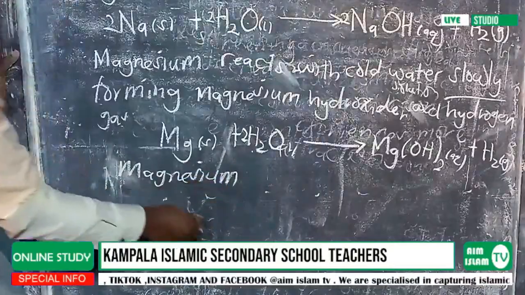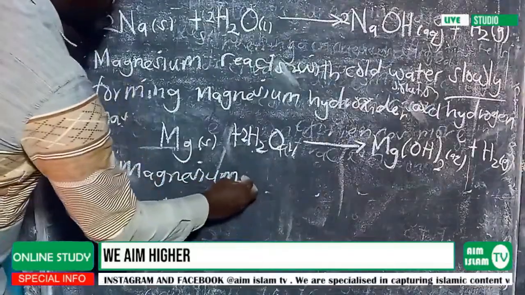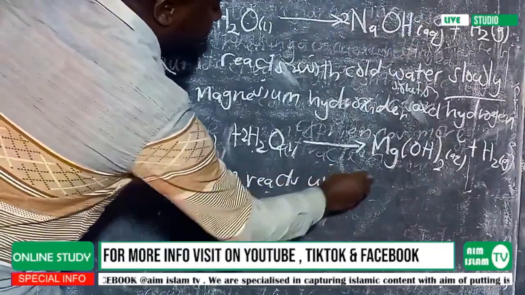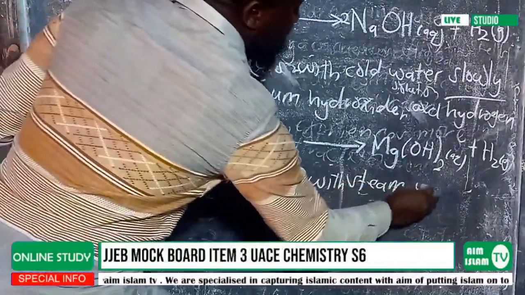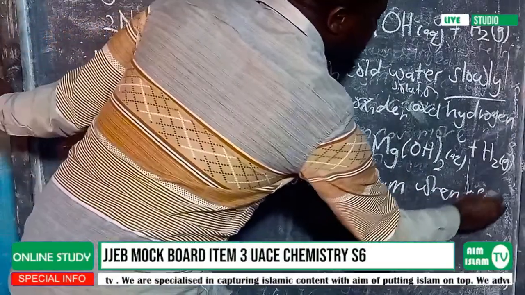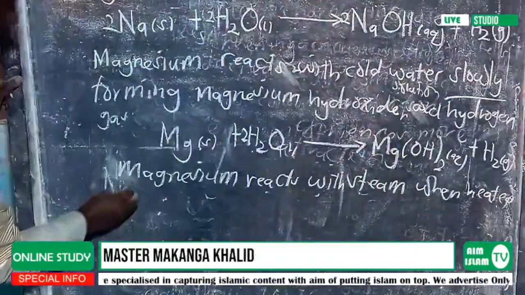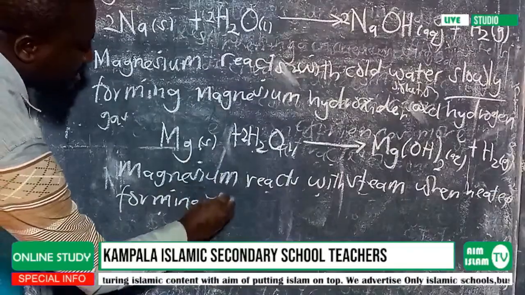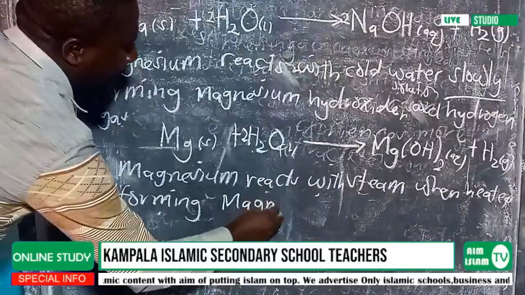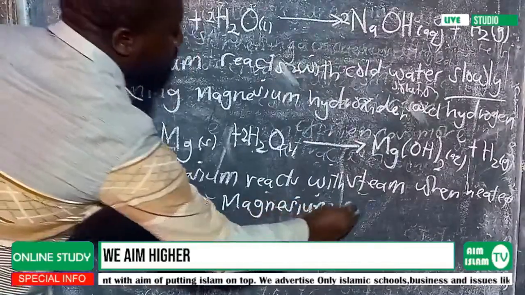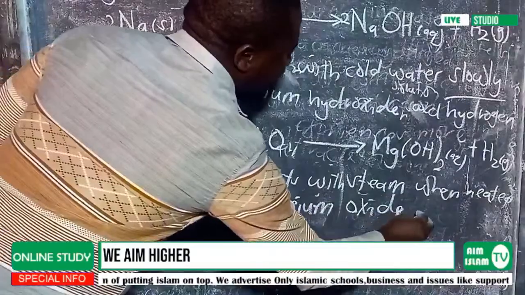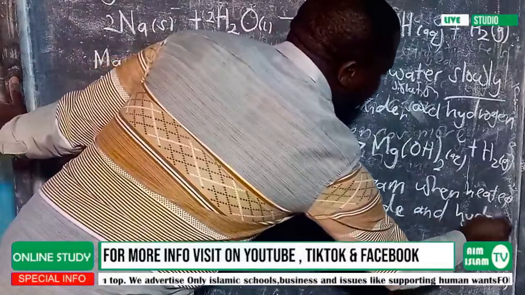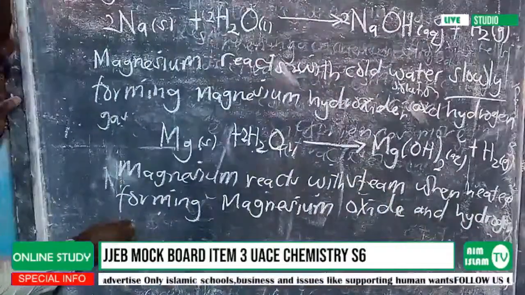Magnesium, or heated magnesium, reacts with steam when heated, forming magnesium oxide and still hydrogen gas.